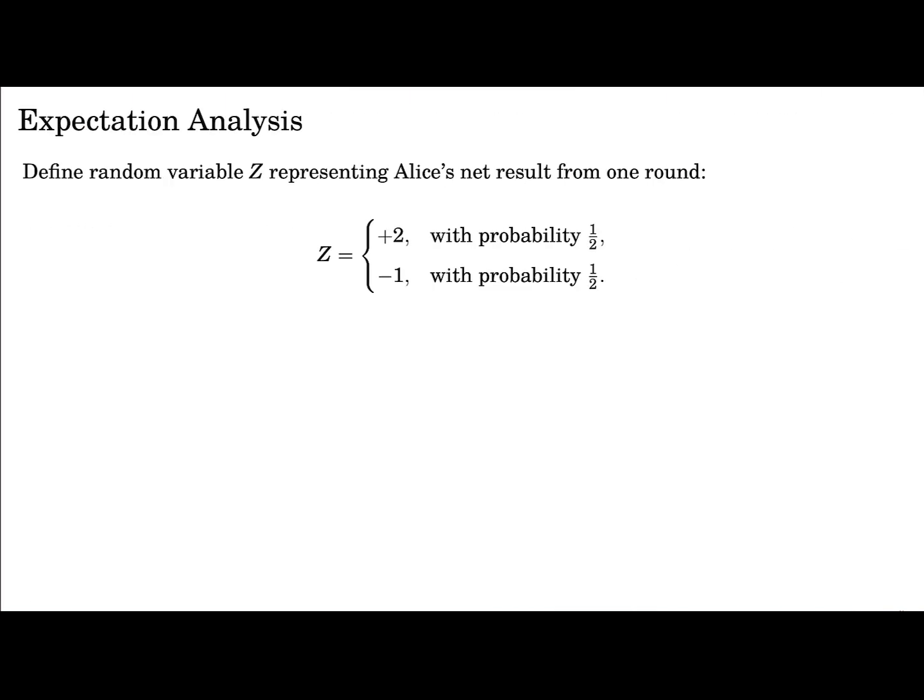Let Z represent the random variable of Alice's net result. She's winning 2 with probability half, and she's losing 1 with probability half.